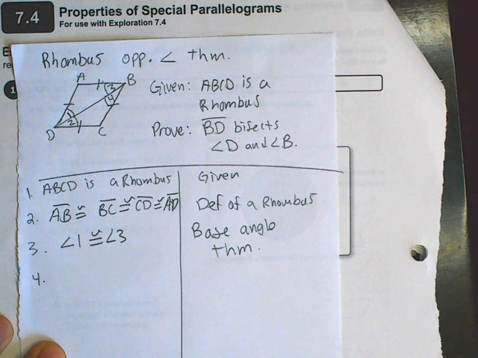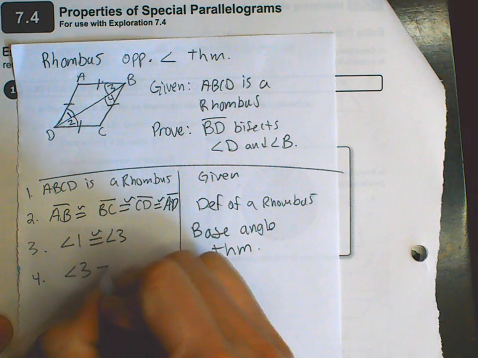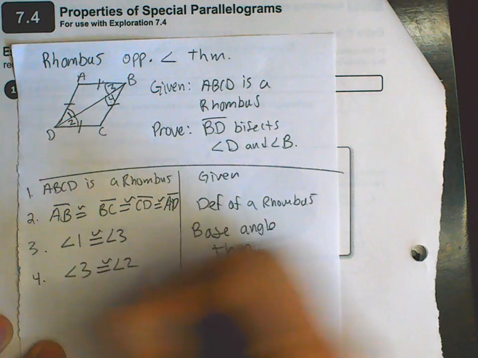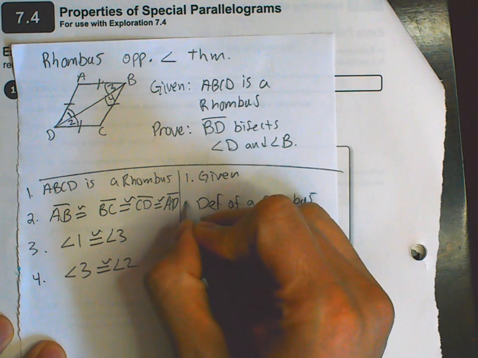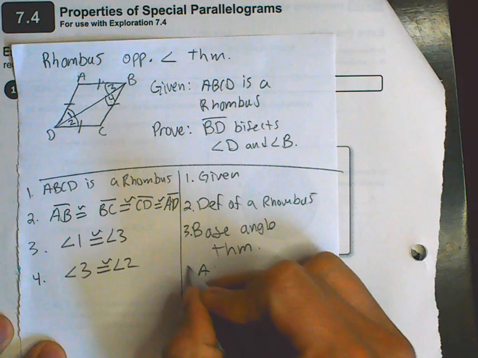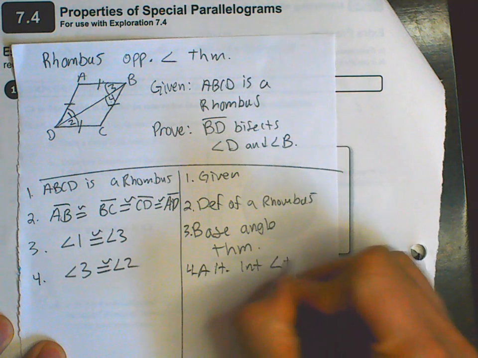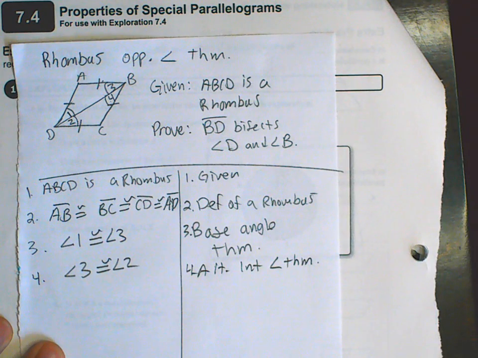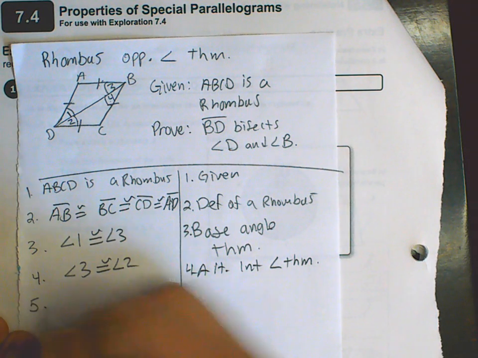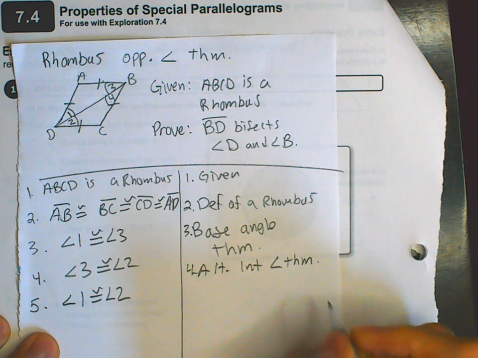Okay, we know that angle 3 is congruent to angle 2 and that's by the alternate interior angle theorem. Okay, so therefore angle 1 is congruent to angle 2.